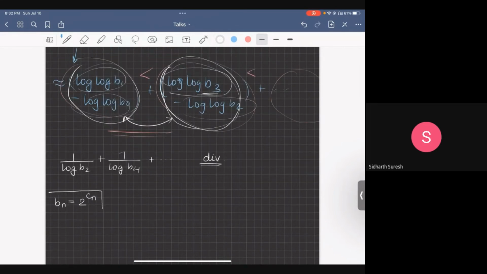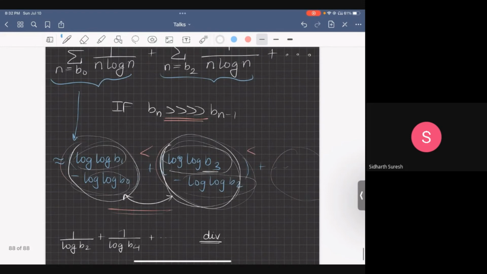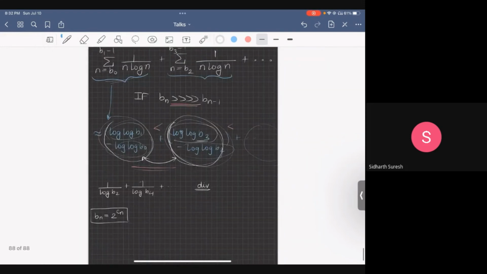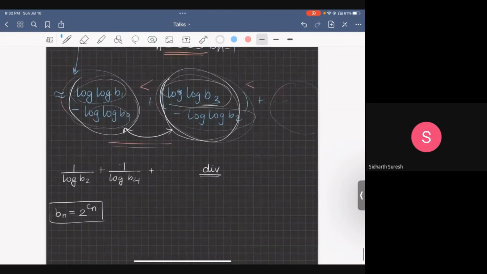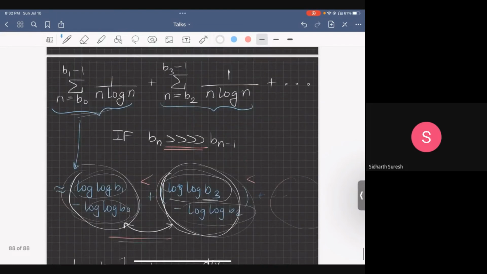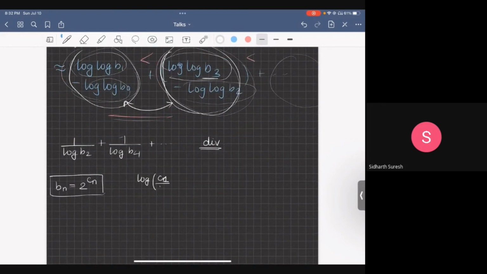Since this is log over log, so minus log, this becomes log of Cn plus 1 over Cn. Actually, this becomes log of C1 over C0 plus log of C3 over C2, C4, etc.